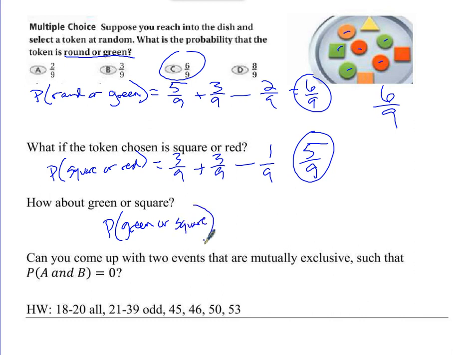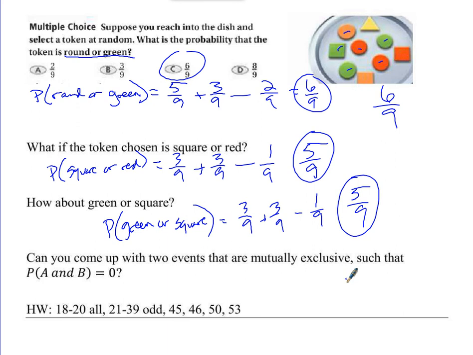Okay. What is it? There's 3 green things. There's 3 squares. There is 1 green and square. So we get a total of 5/9. Again, green or square. 1, 2, 3, 4, 5 out of 9.